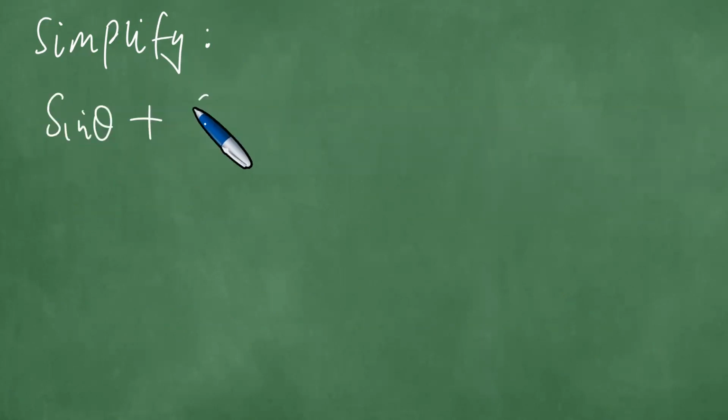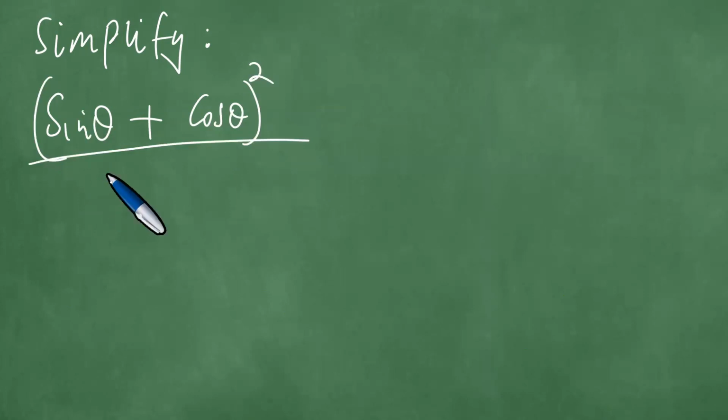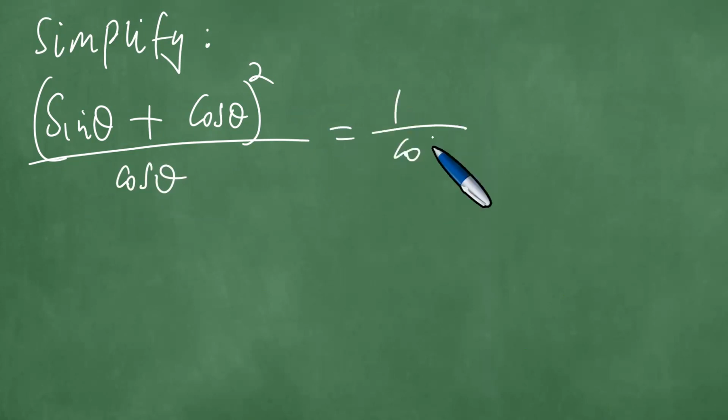Sine theta plus cosine theta divided by cosine theta, 1 over cosine theta plus 2 sine theta.